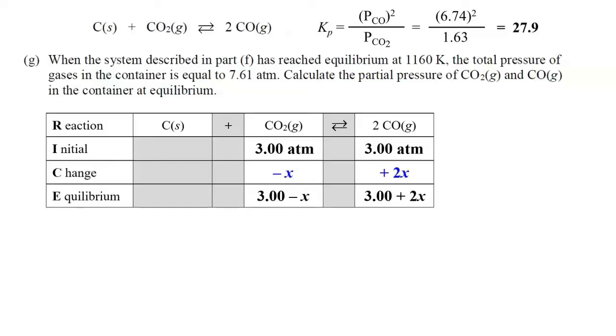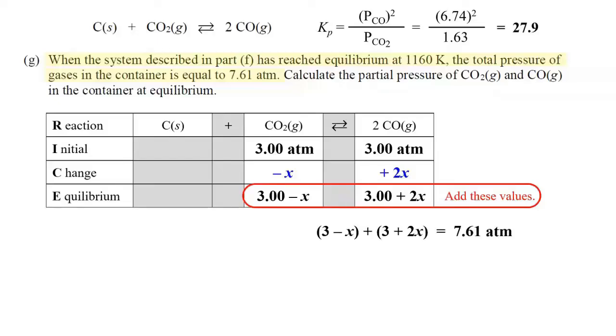How do we use the total pressure of 7.61 atmospheres to solve for x? Well, if the total pressure is the sum of the individual partial pressures of each gas, all we have to do is add these two values together. So 3 minus x plus 3 plus 2x equals 7.61 atmospheres, the total pressure at equilibrium.